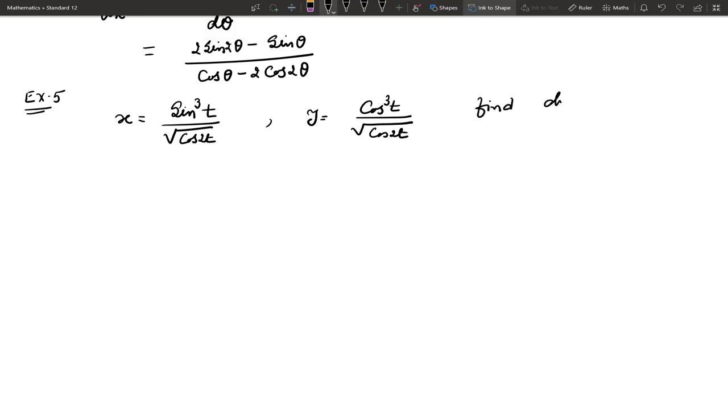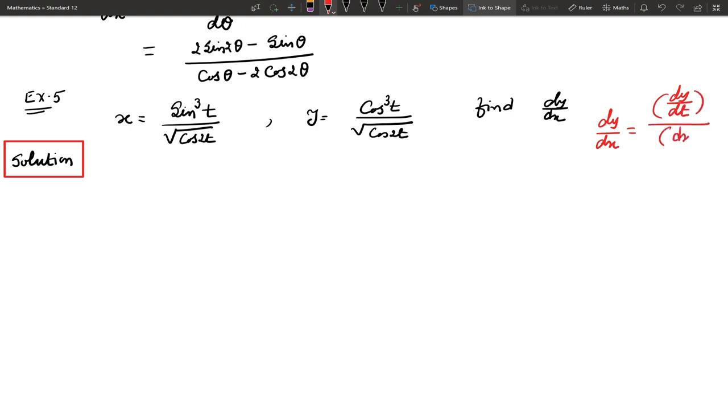Find dy by dx. Here we have t as the parameter, in place of theta. So x is a function of t, y is a function of t. So dy by dx one can obtain using dy by dt upon dx by dt.